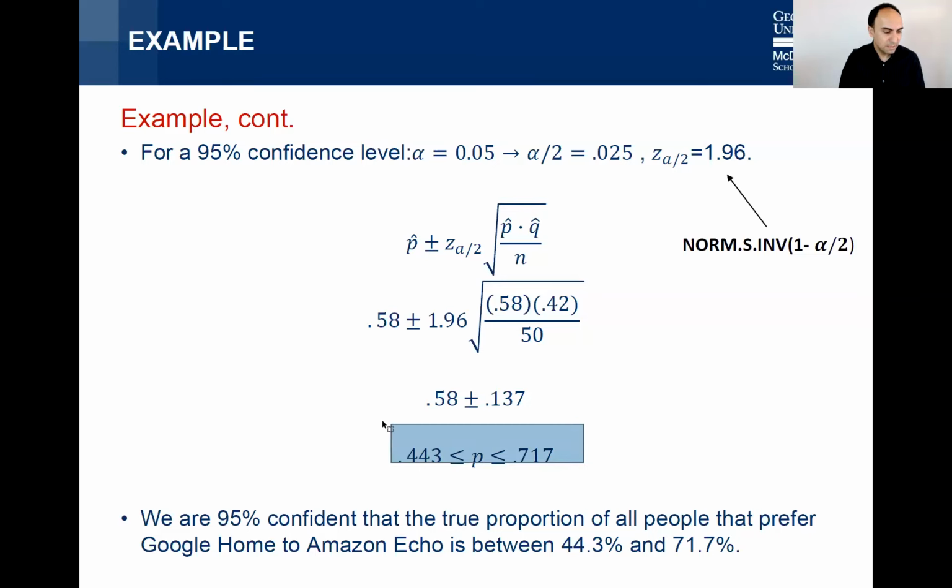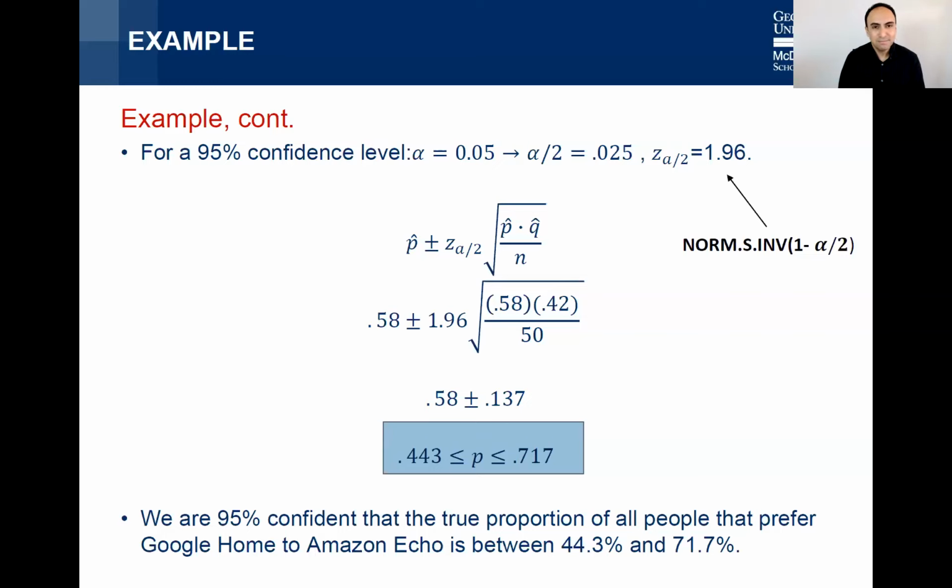What does that mean? It means we are 95% confident that the true proportion of all people that prefer Google Home to Amazon Echo is between 44.3% and 71.7%.